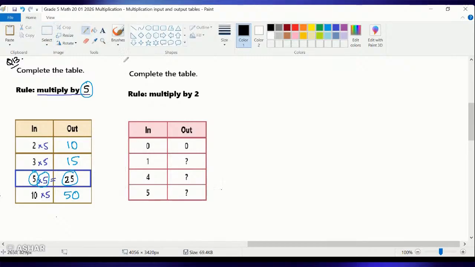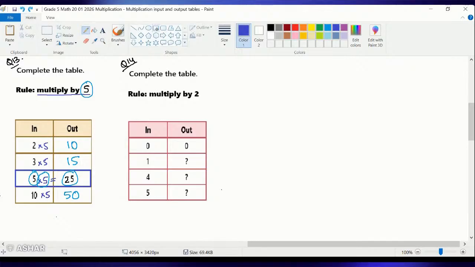But suppose in this case the rule was not given to us, then we would not be able to solve this question. Why? Because 0 multiplied by 1 is also 0, 0 multiplied by 2 is 0, or 0 multiplied by 1 million is still 0, right? So we do not know 0 needs to be multiplied by which number. So in this particular question, the rule has to be given to us.